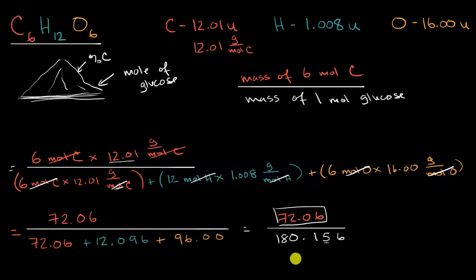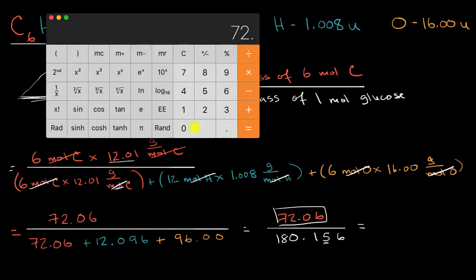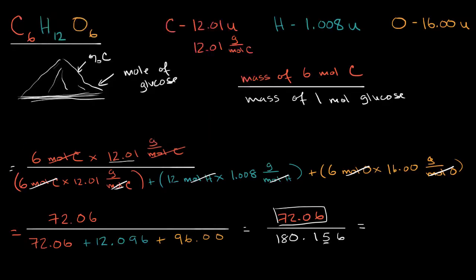But even if we rounded over there for significant figures purposes, we would still have at least 4, we would actually have 5 significant figures. So this 4 significant figures is our significant figures limiting factor. So we just have to calculate this and round to 4 significant figures. 72.06 divided by 180.156 is equal to, and if you round to 4 significant figures, this will be 0.4000.